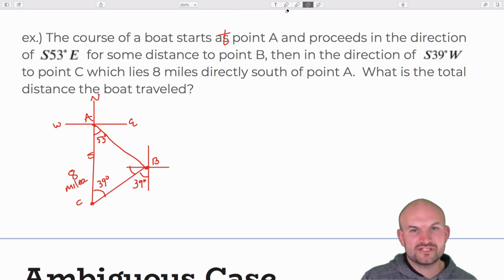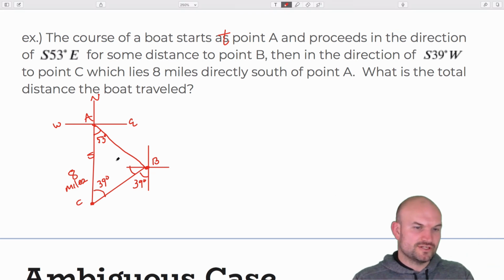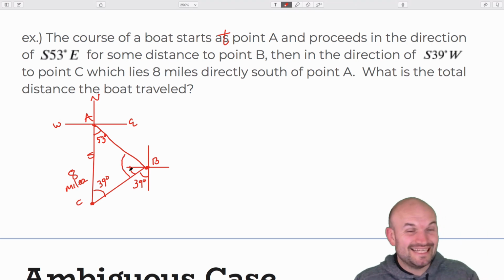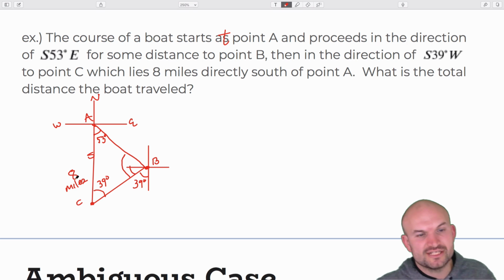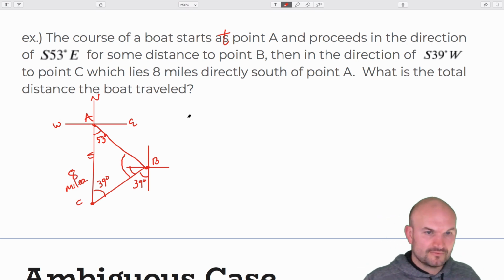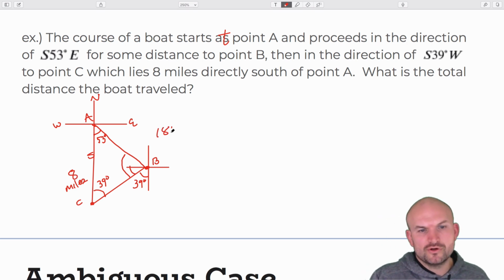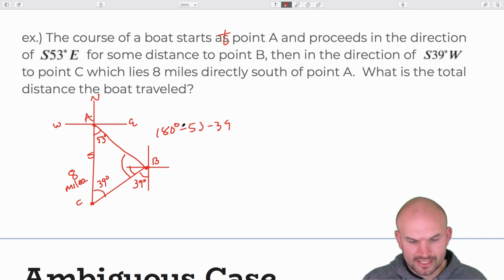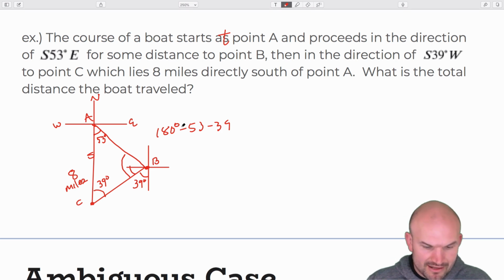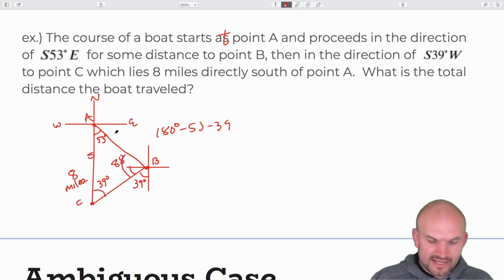The nice thing is just knowing that you have these as alternate interior angles, you can now figure out that angle. And we need that angle because it's opposite our 8 miles. So we're just going to do 180 degrees minus 53 minus 39. I'll type it in my calculator, because now I'm dependent on my calculator like all my students. So that's going to be 88 degrees.